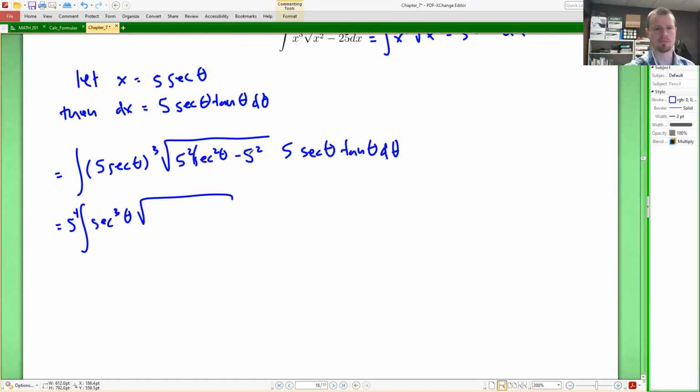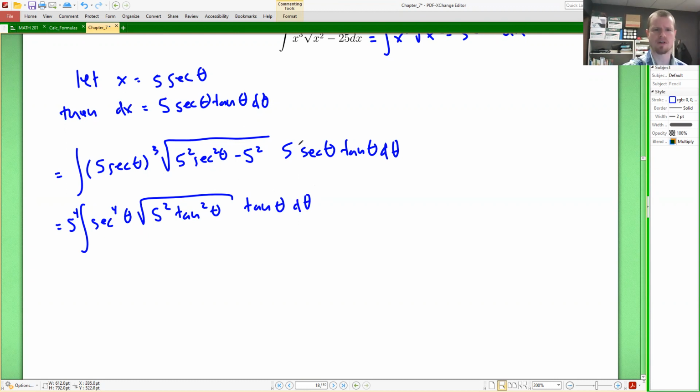If I were to put parentheses around here, this would become a 1, if you want to think of it that way. But in our substitutions, we recognize that this is 5 squared times tangent squared theta. And then there's an additional factor of secant theta, so we can call this one to the 4th. And there is a tangent theta here as well, d theta.